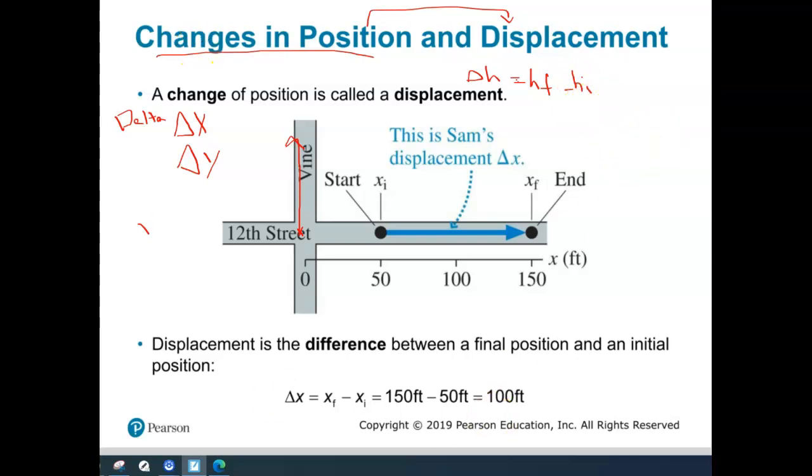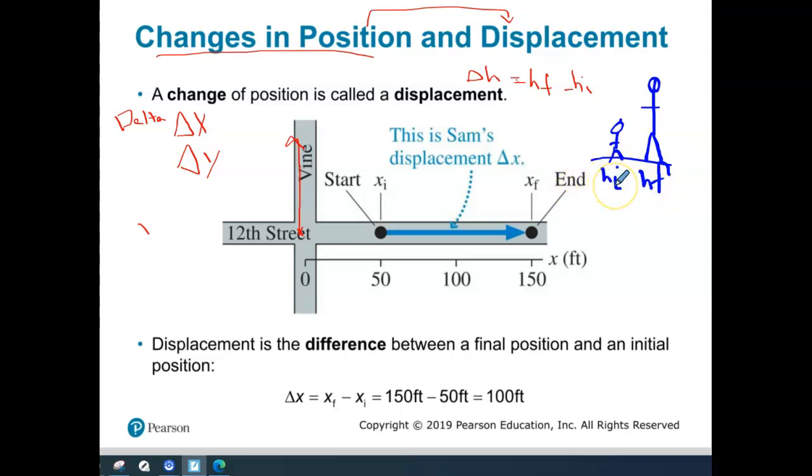If I'm drawing a quick little sketch of this, this is your stick figure when you were in kindergarten, and then you measured your height now. Which one would be the final one, which one would be the initial one? We're starting at the kindergarten age, so that's the initial, and the height at the end, now, that would be the final. And we want to take the difference of those.